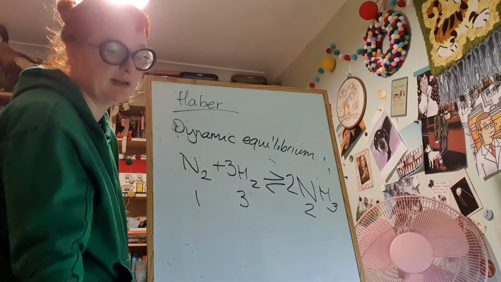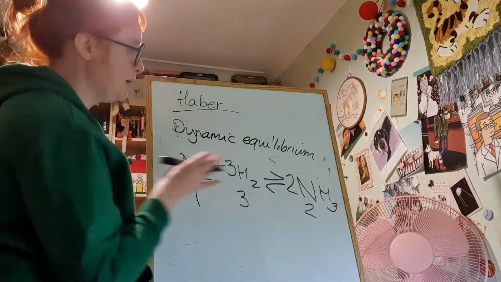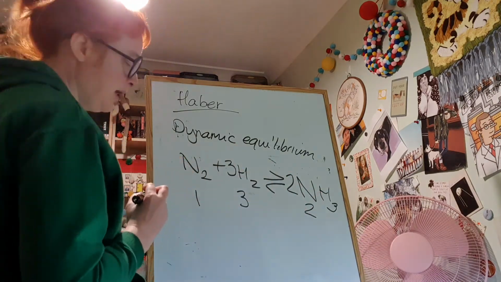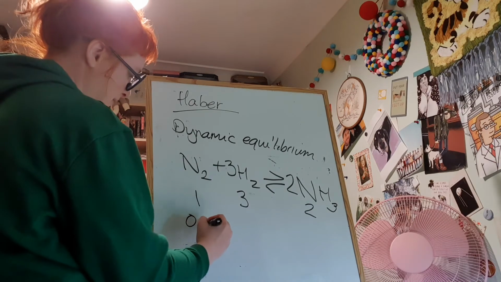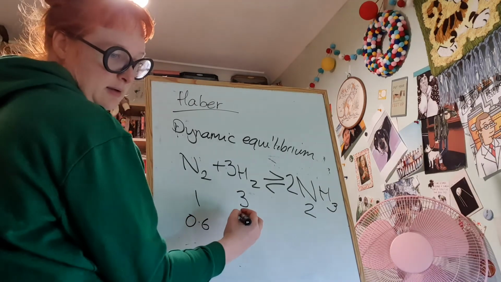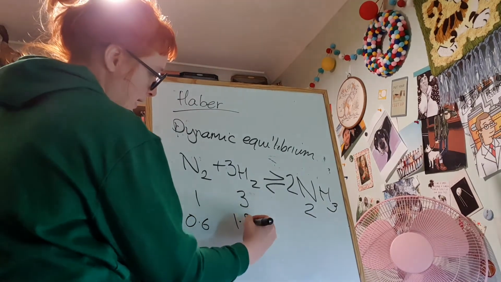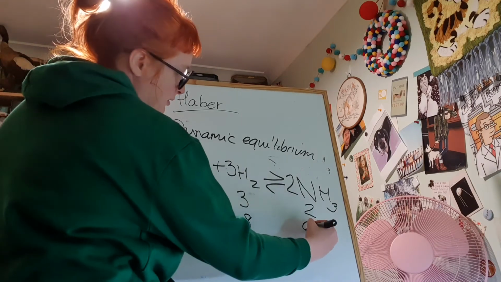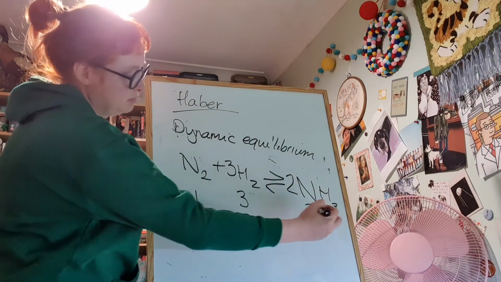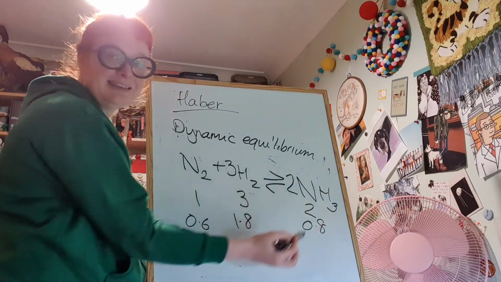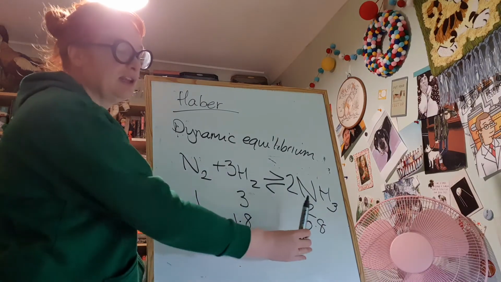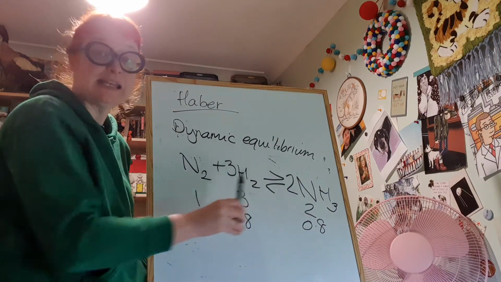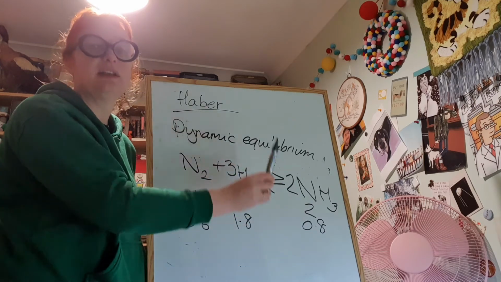So we have this backwards and forwards happening, and what we actually end up with is 0.6, 1.8, 0.8. So we're getting a lot less being produced because we've got this backwards and forwards. And it is a dynamic system. It's always constantly going backwards and forwards.